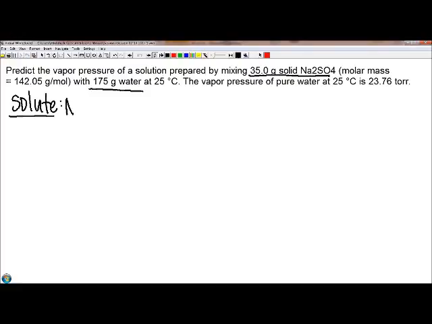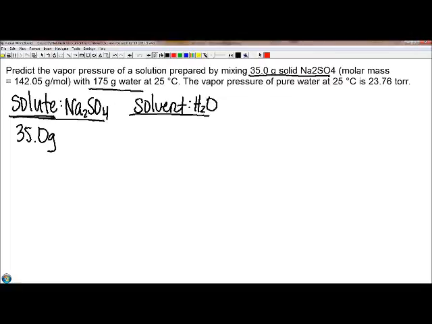We have 35 grams of the sodium sulfate versus 175 grams of the water. There's less sodium sulfate, so the solute is the sodium sulfate, and the solvent is still water.